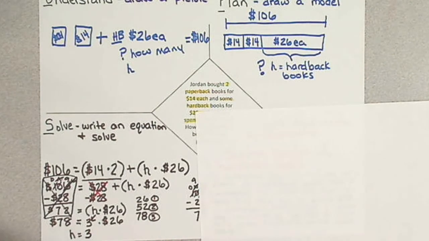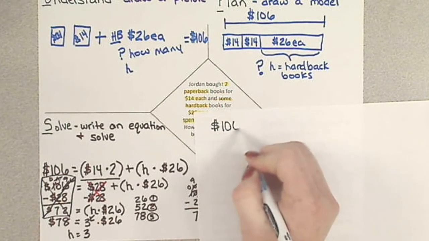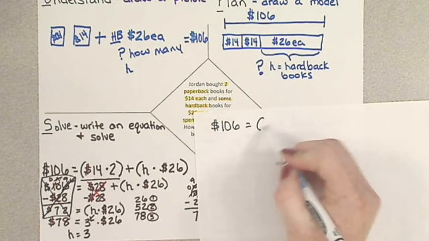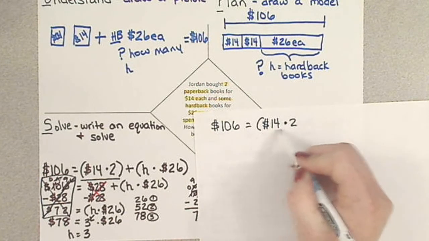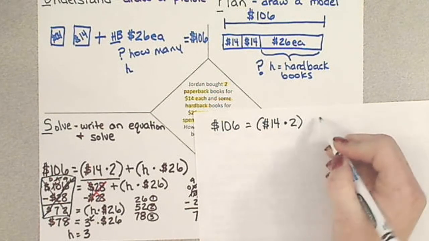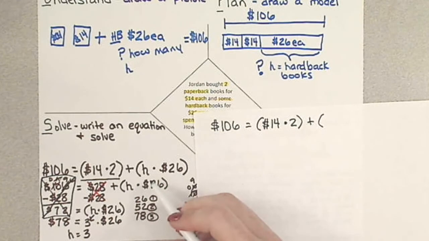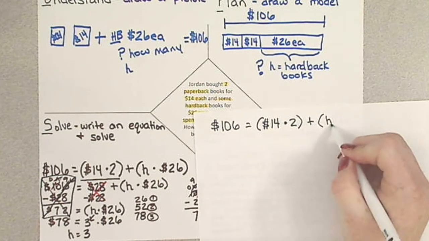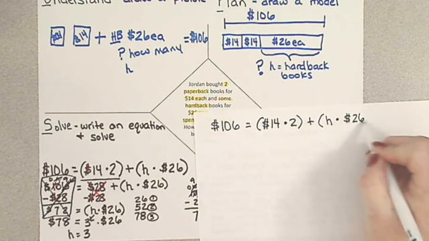My original formula, my equation, said that 106 equaled the 2 paperback books that were purchased for $14 each, plus the number of hardback books, H, multiplied by 26.